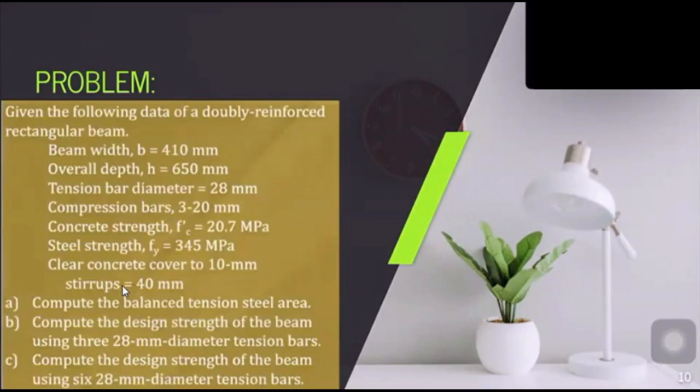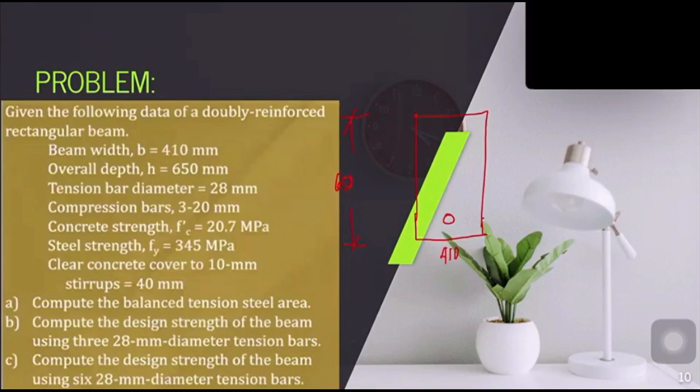So given the following data of the doubly reinforced rectangular beam, so we have a beam width of 410, overall depth. So overall depth, magkaiba siya sa effective depth. So overall depth is 650. The tension bar is 28 mm.